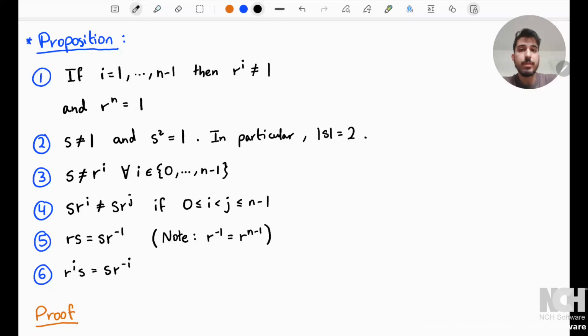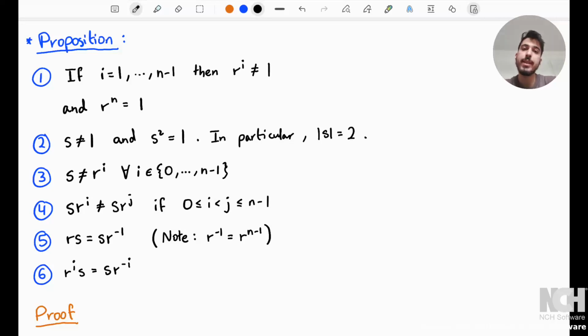We will now prove part 5 of the proposition, which gives us this identity. And for this, we will prove it directly, no contradiction necessary. We will see what happens when r s is applied to a vertex. Where does it send it?